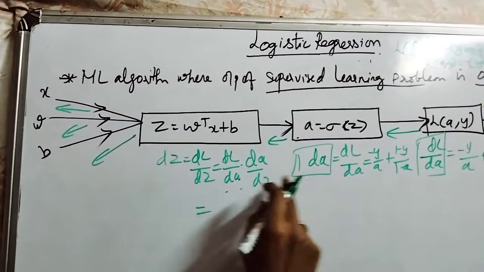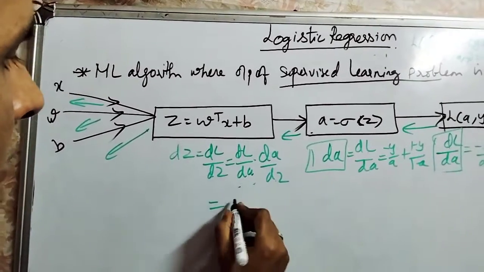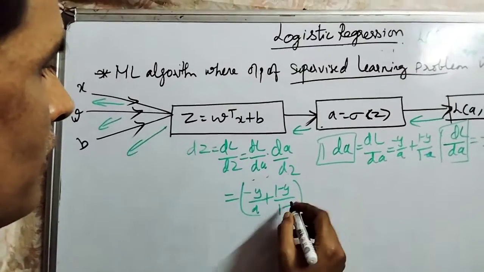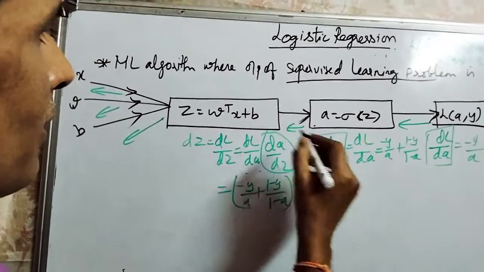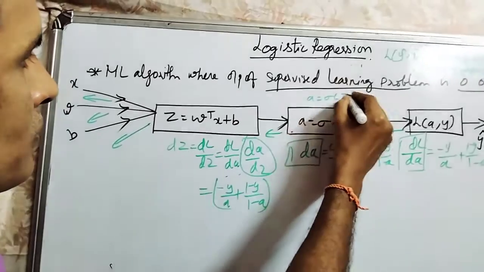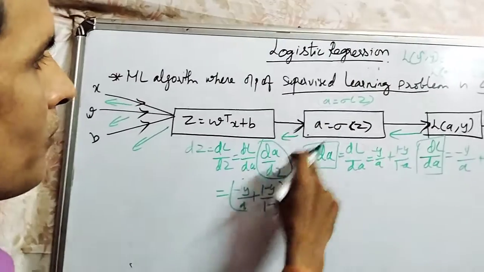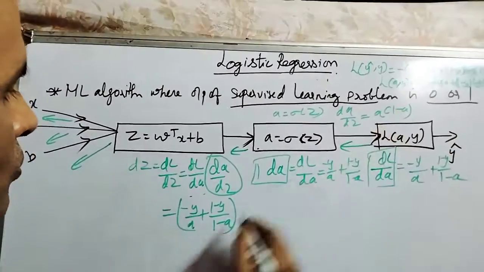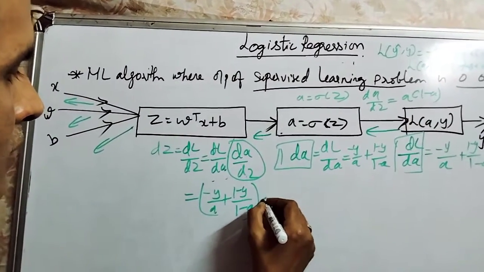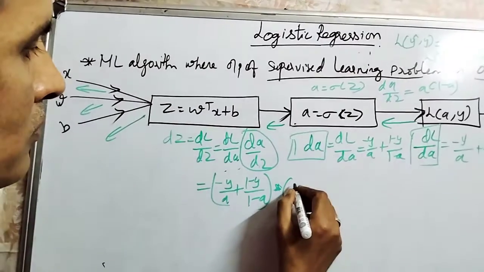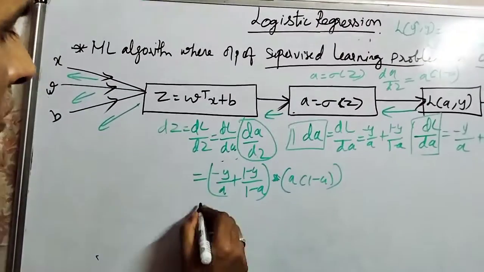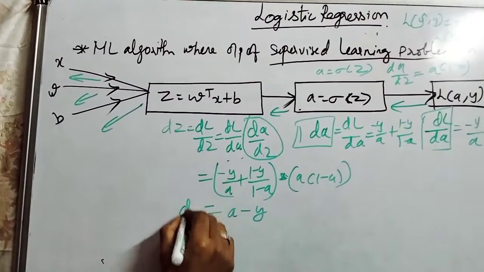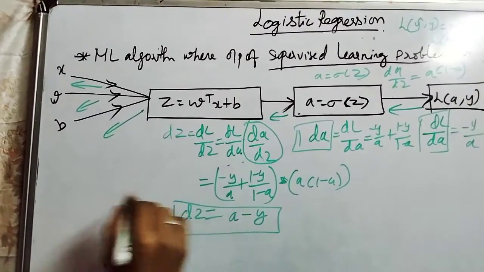We already know dL by dA is minus y by a plus 1 minus y by 1 minus a, into dA by dz. We already know a is equal to sigmoid of z. When we derive dA by dz, it gives a into 1 minus a. So when we solve this, we get a minus y. So dz is equal to a minus y.